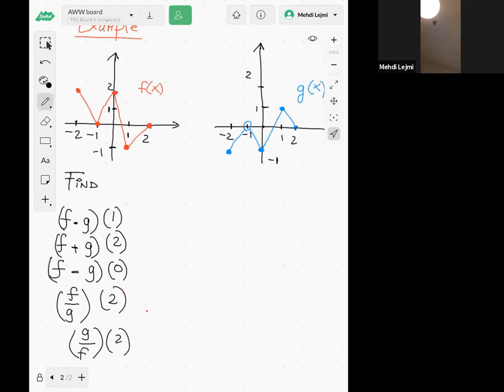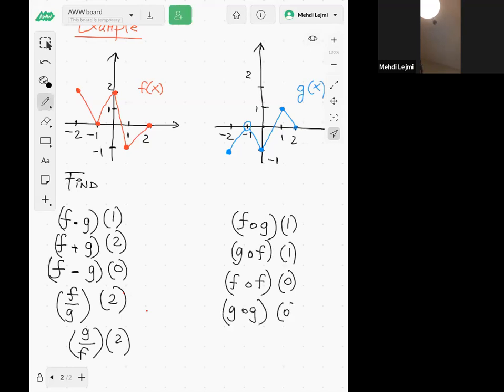Here, let's say you want to find f composed with g of 1, and then g composed with f of 1, f composed with f of 0, and then g composed with g of 0, and finally f composed with g of 0. This is very similar to problem 4 in the homework.